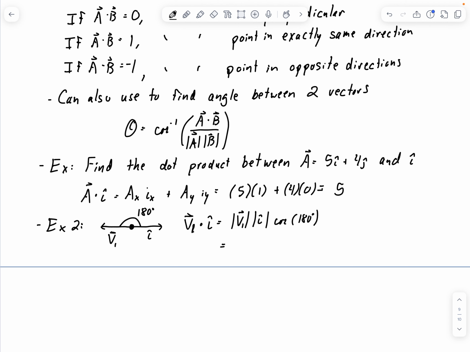Here the magnitude of v1 is simply v1, the magnitude of I is 1, and cosine of 180 degrees is -1. And so we find that the dot product of v1 and I is simply -v1.